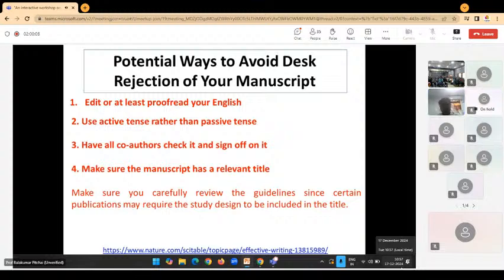Or an experimental study, or whether you are using rats, mice, guinea pigs or rabbits, everything should be there in the title. Make sure that you carefully review the guidelines, since certain publications may require the study design to be included in the title. This is what a study design means: a cross-sectional study, a longitudinal study, a multi-center study. So the design should also be included in the title.